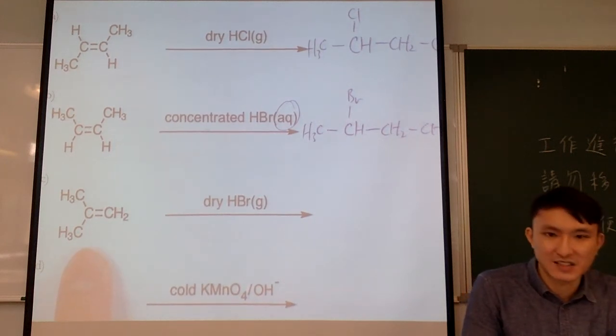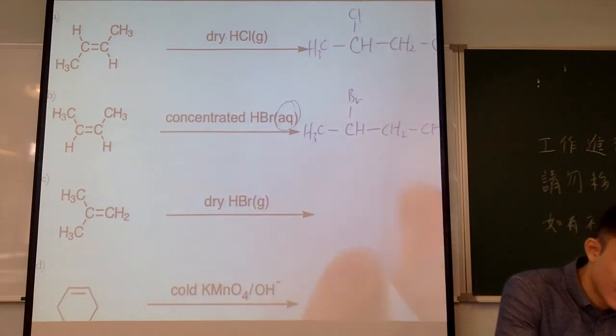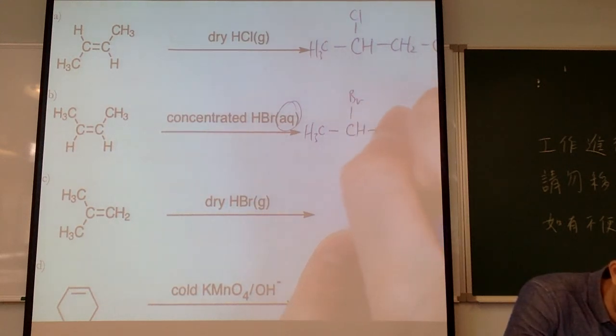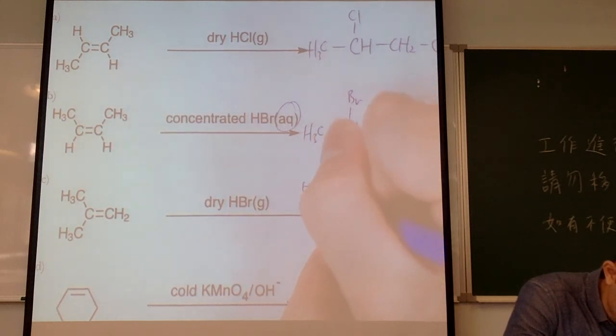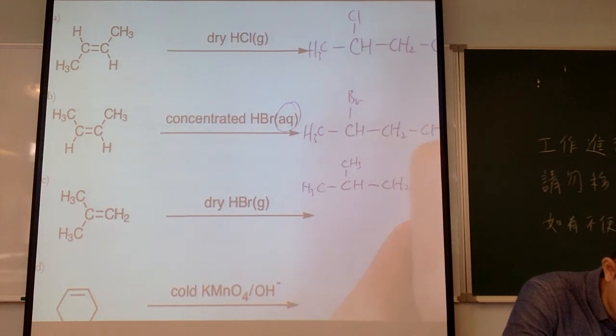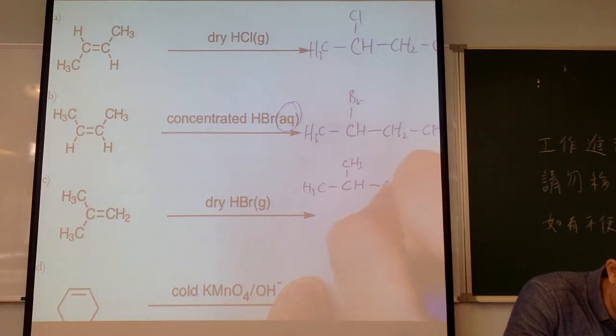Now here it starts to make a difference because this one is an asymmetrical alkene. So it should give us two different products. It should give us, for example, this one and this one.